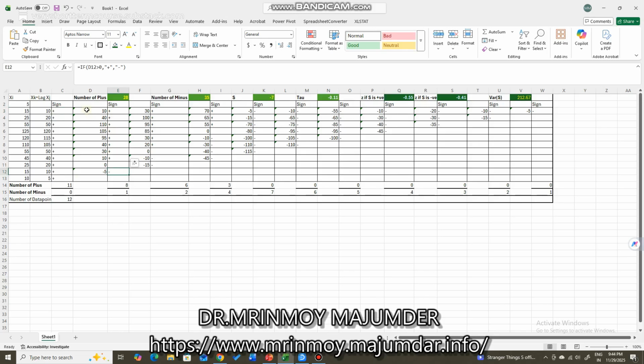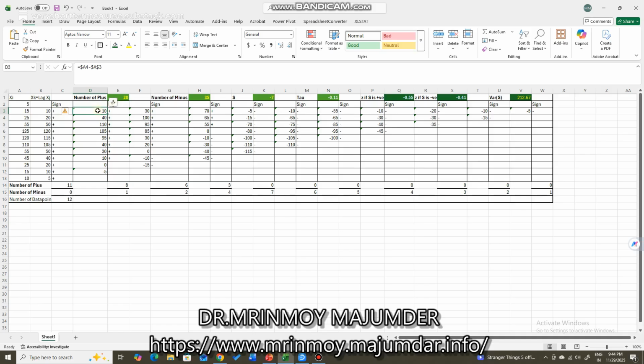Here I have deducted the second data from all the other data. As the comparison between the first and second data is already done, I have not deducted my first data from my second data, right? Because I have already compared the first and second. So here I have started from the third data and deducted the second data from the third, fourth, fifth, sixth, and so on.